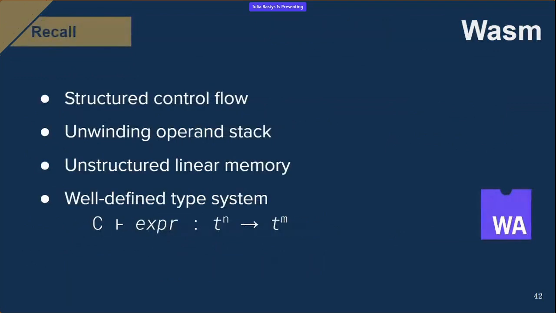Also recall that there were 4 key elements I mentioned about WebAssembly: we have a structured control flow, we have unwinding operand stack, we have unstructured linear memory, and we have a well-defined type system.